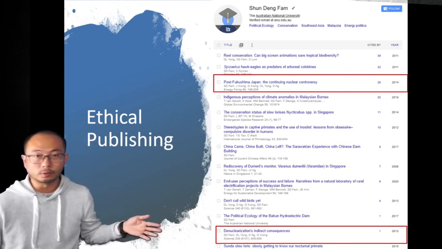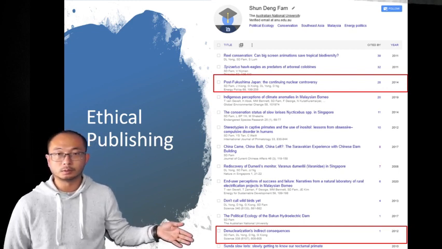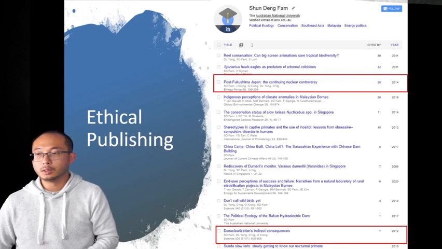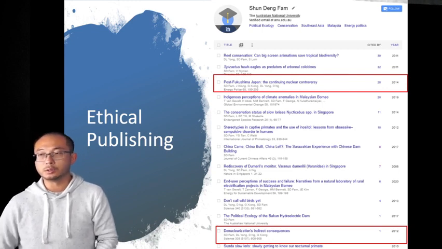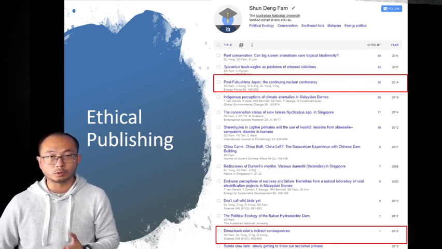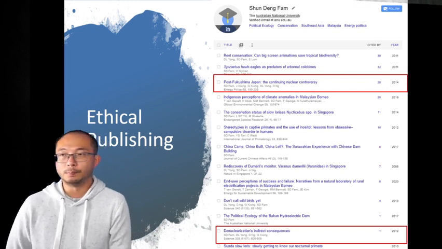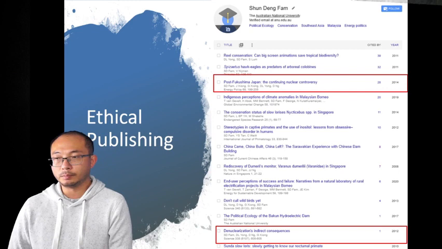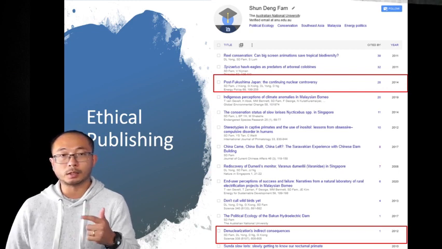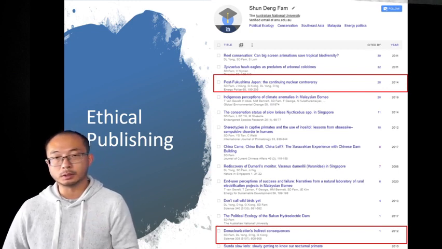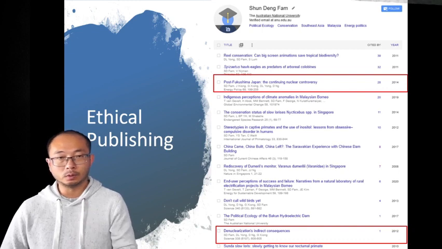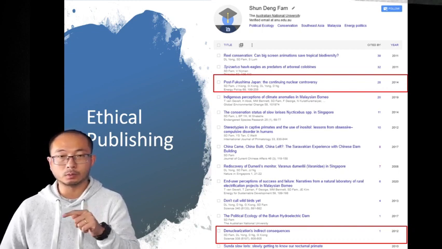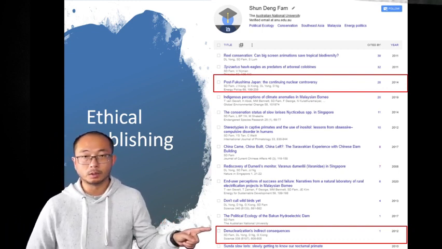In fact, I wrote this one first, the one in Science, denuclearization's indirect consequences. This went straight to Nature, and it was a gamble. This was right after the Fukushima accident, so I jumped on it, quickly wrote it up, sent it in, and because it was on trend, Science took it.